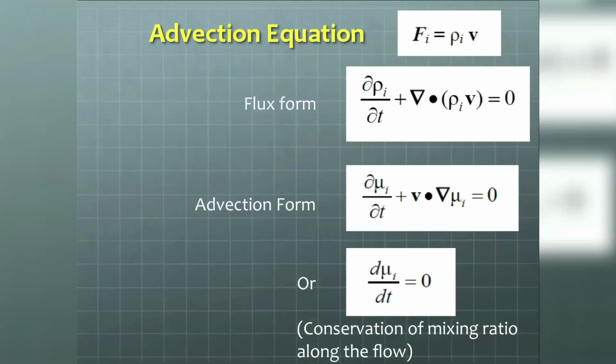So this is the advection equation in the flux form or the Eulerian form. I can introduce the mixing ratio, as I showed you yesterday. In this case, the equation becomes here in the advective form. Mu is the mixing ratio. V, like here, is the wind. By the way, the product here, rho times the wind, is the flux, which I will note F. Then coming back here to the advection form, this total here is equivalent to the total derivative.